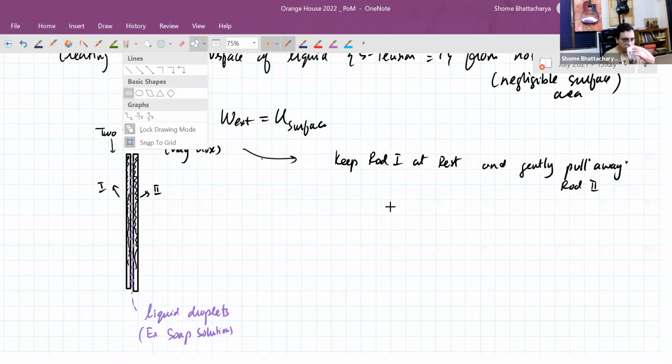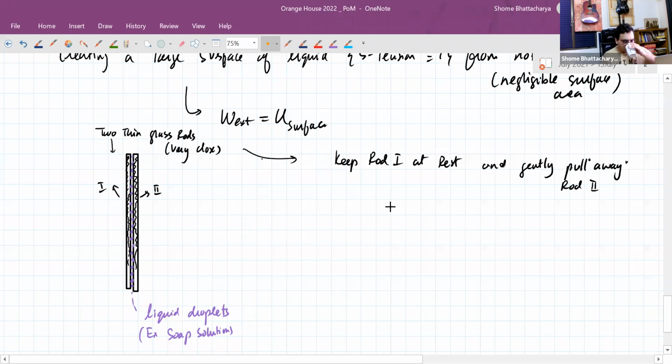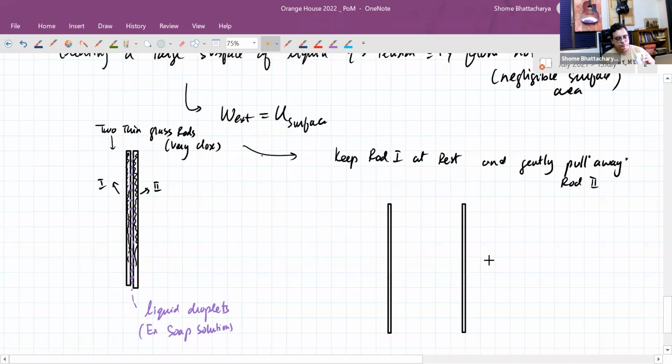So now my situation looks like this. You will create a thin film of soap solution liquid, like a thin sheet.